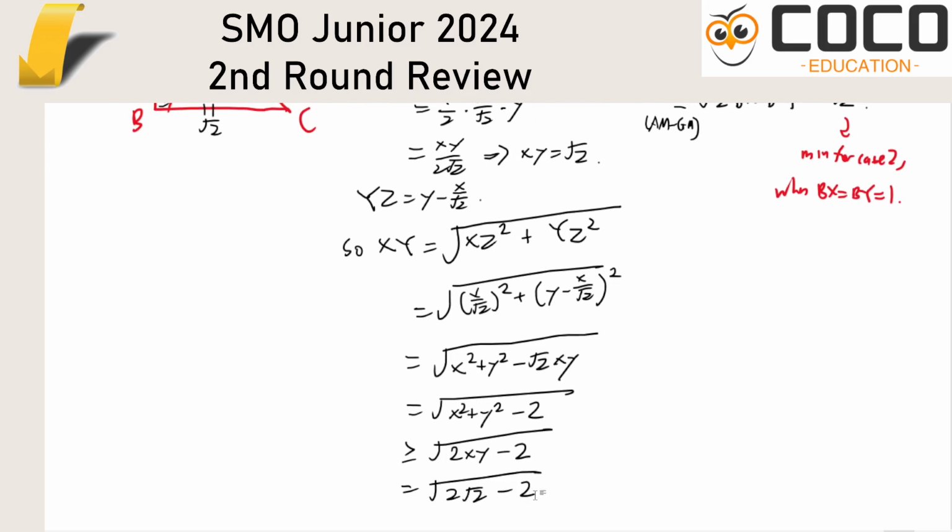Now this clearly is going to be smaller than square root 2, and so I just need to say that this is the minimum because equality can hold when x equals y.